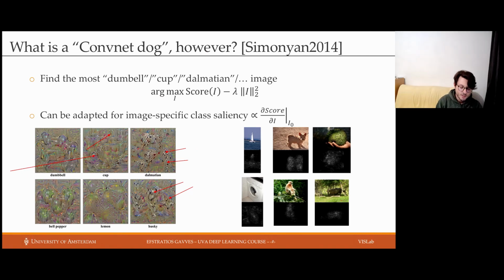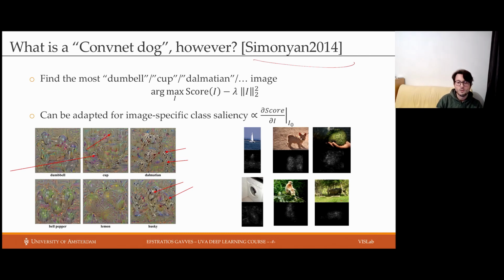So another question is, what is a confident dog? What does the convolutional neural network learn when it classifies a picture as dog? In their paper, Simonyan et al. try to find what is the most dumbbell type of picture or the most cup-like picture. And of course, this picture will not be a real picture.